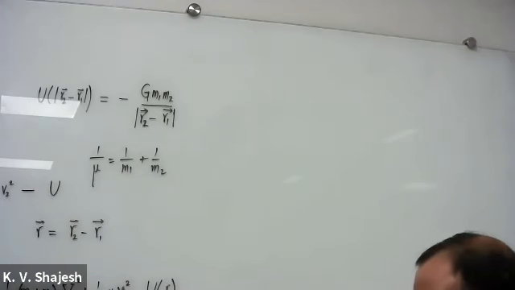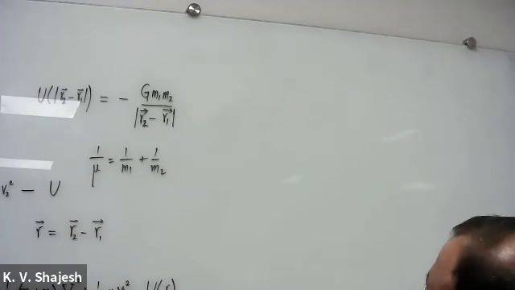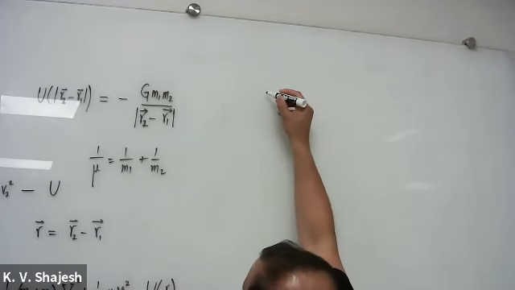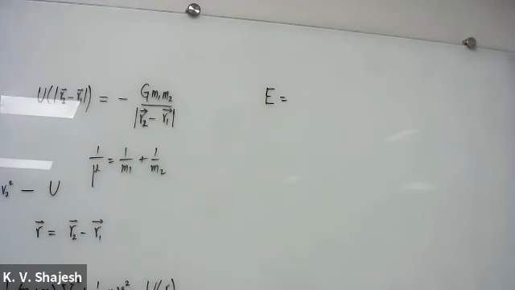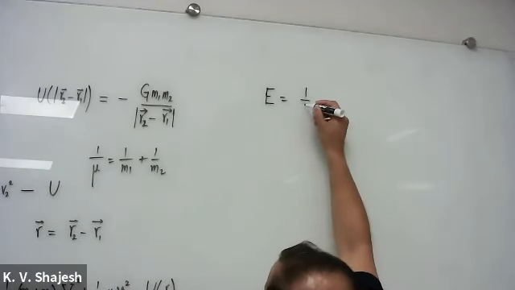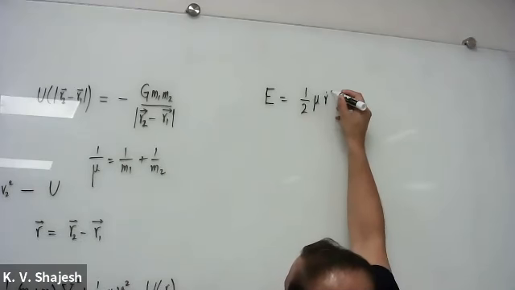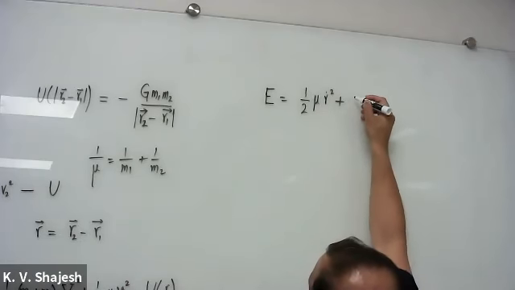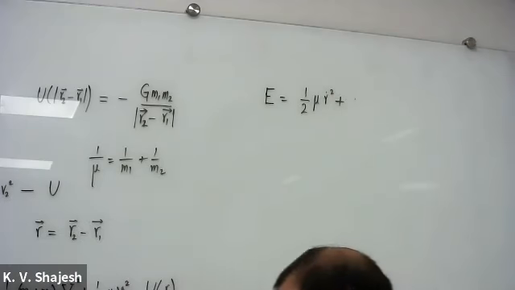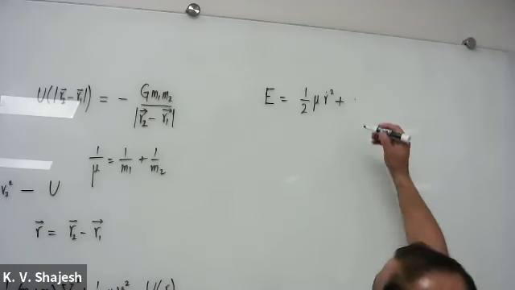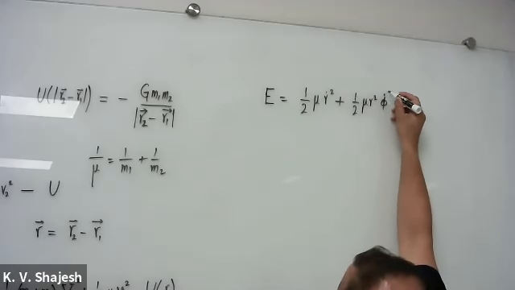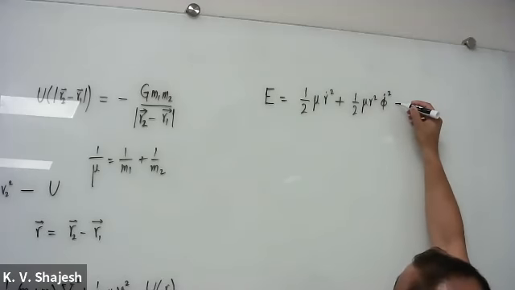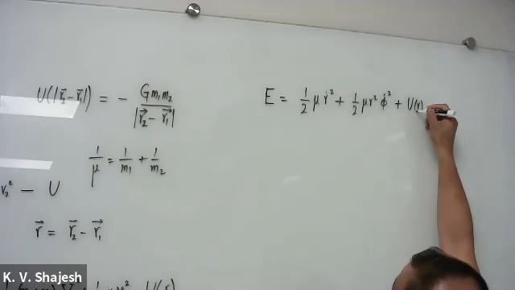So with that in mind, we also showed that energy E is another constant. Angular momentum is of course constant, but there's also energy that is constant, and we showed that if we were to define half mu r dot squared plus half mu r squared phi dot squared plus U of r, this time it is equal to a constant.